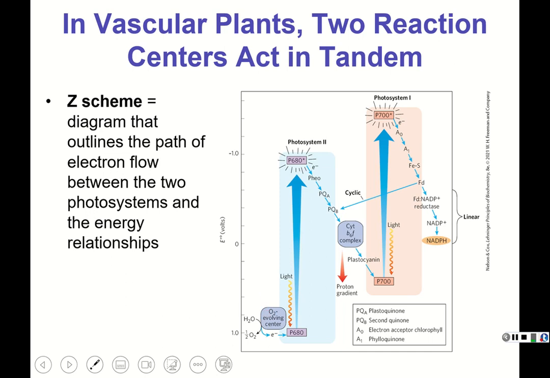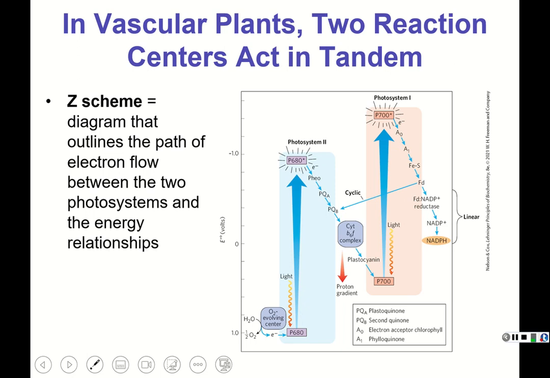Water gives its electrons, and this is what's known as the O2 evolving center. Those electrons then go into photosystem 2, which has what's called P680. And 680 stands for the wavelength of light that it's absorbing, right? So those electrons, light, cause it to become excited. When those electrons are excited, they can flow through these carriers. And the ones to really focus on are PQA and PQB.